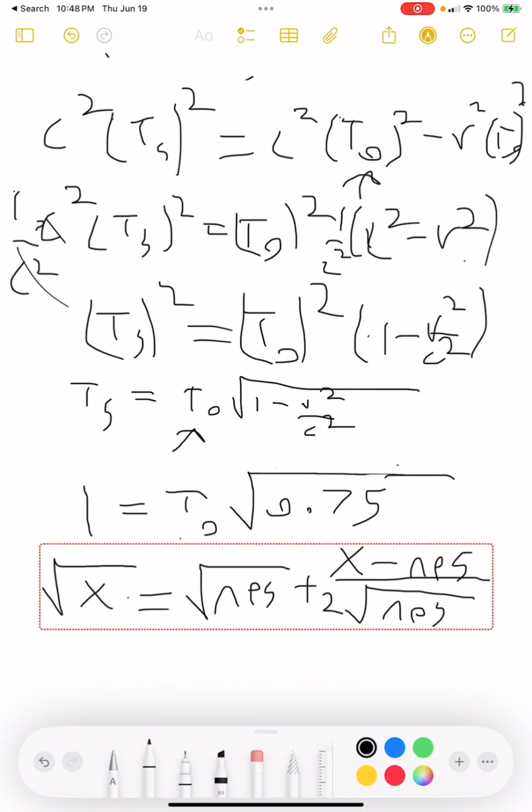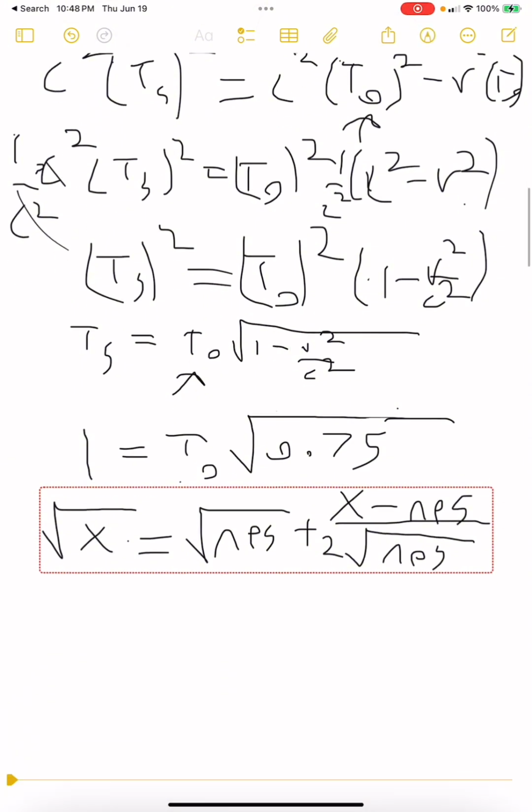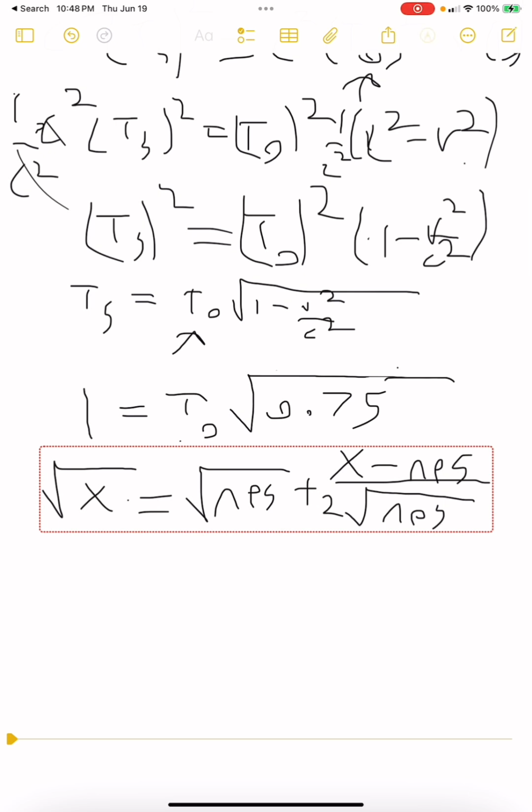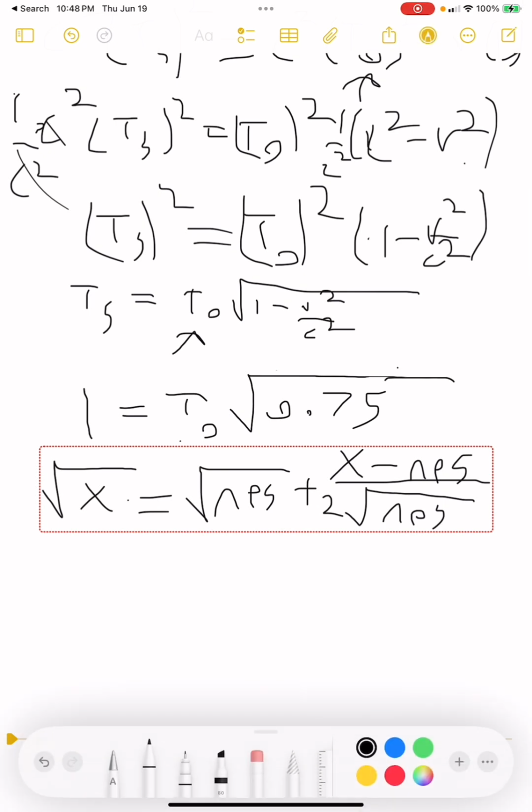So that's the approximation. Now, our nearest perfect square is 1.